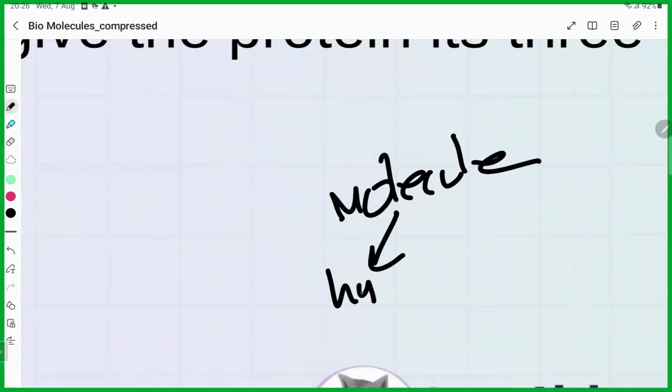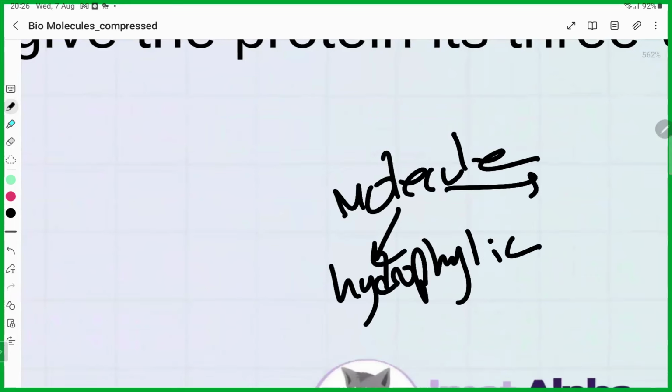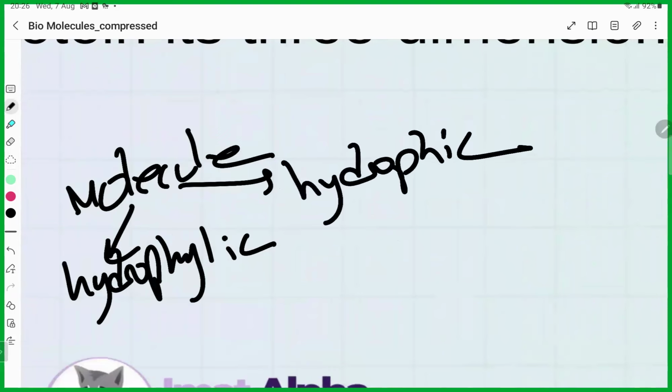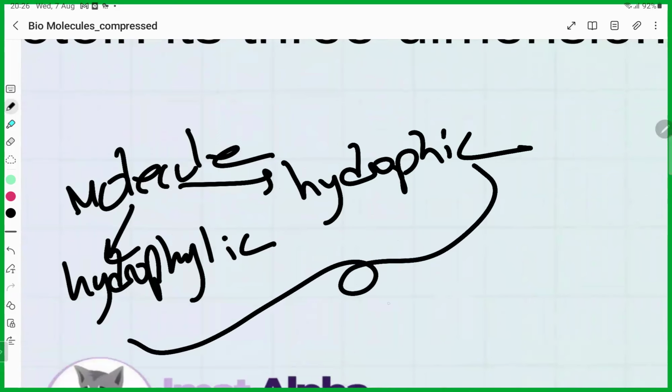Hydrophilic means loves water, and hydrophobic means fear of water, or liposoluble, meaning more soluble in lipids. Any molecule that has these two sides is named an amphipathic molecule.